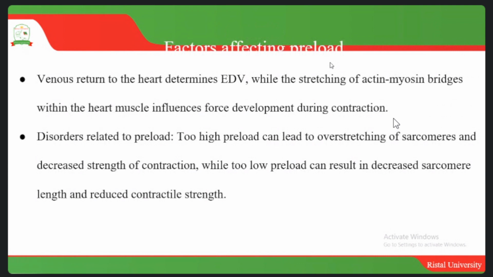So what could be the factors affecting the preload? The factors that can affect the preload can be the venous return to the heart, which determines the EDV, while the stretching of the actin myosin bridges within the heart muscle influences force development during contraction.